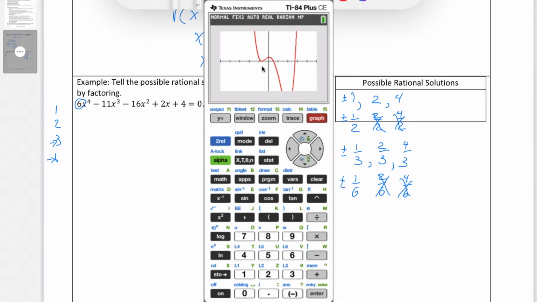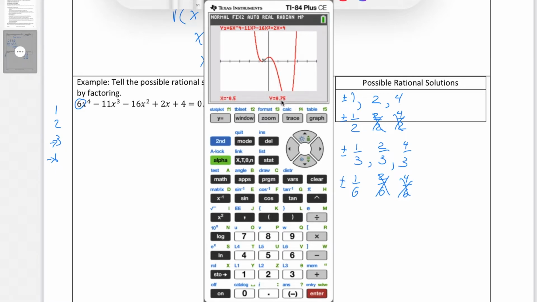Well, it looks like it might cross the axis somewhere between 0 and negative 1. So we look at our list of candidates to see if there are any numbers there. I see that it could be maybe negative 1/2. So let's see, is negative 1/2, and I just do it as a simple division, is negative 1/2 a solution number? No, it's not.